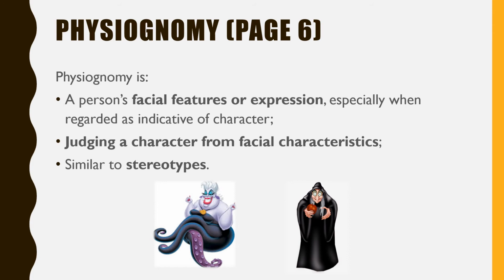More often than not, writers will make villains more ugly in appearance to reflect their ugly character. And conversely, the hero or heroine of a film is more beautiful to reflect their beautiful character, beautiful personality. And Golding uses physiognomy, and we're going to explore how he does that in relation to Ralph.